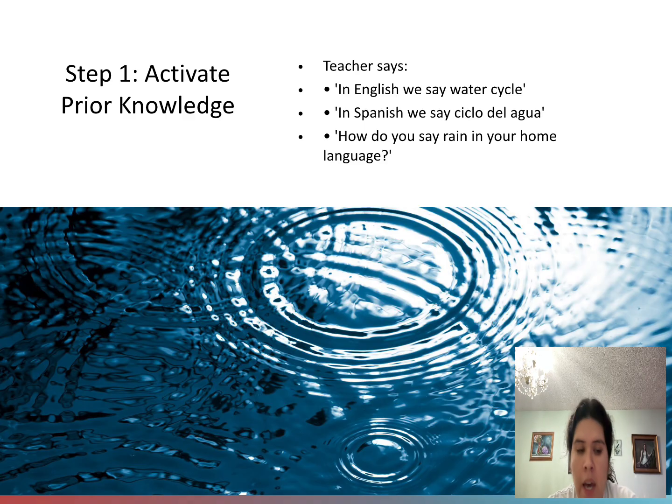So this would be Spanish. Students in this part would be encouraged, and I will basically say, how do you guys say rain in your home language? And students will say lluvia. This is a common vocabulary word in Spanish when deciding how to translate it.